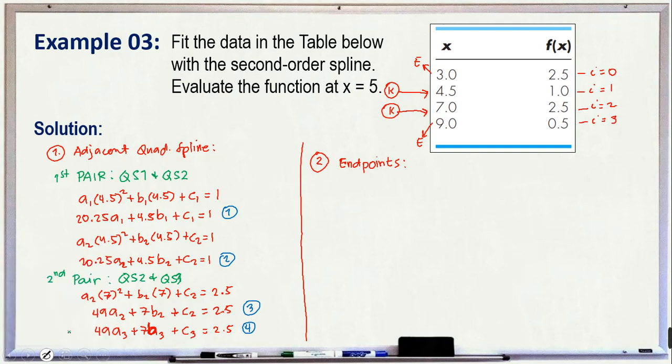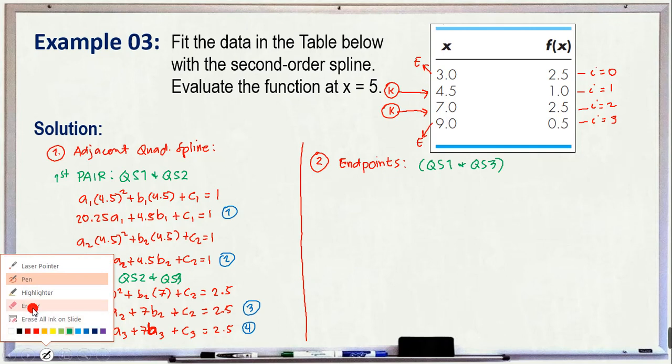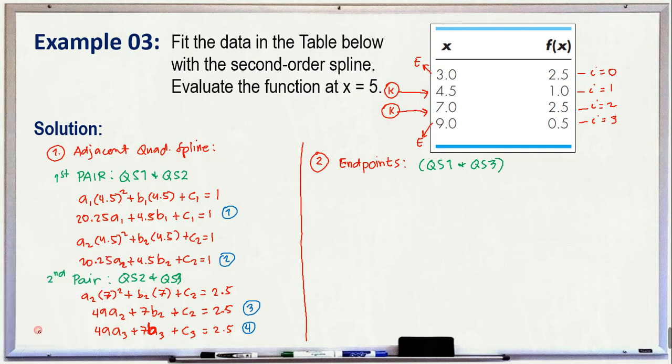These are unsa man? Quadratic spline 1 and quadratic spline 3. Okay, mao na sila yung mga tumoy. So, expected nga duha ka equations ito ma-generate. So, considering quadratic spline number 1, mao ni siya nga endpoint ang iyang maigo. Okay, I hope inyo na gets.